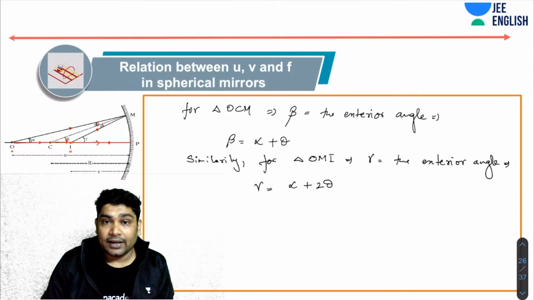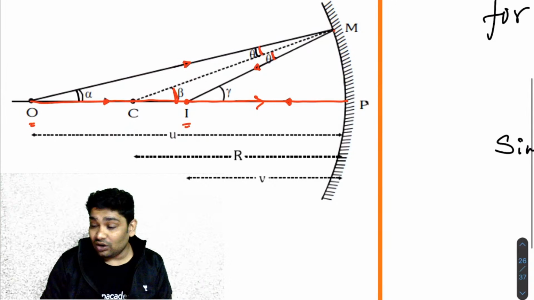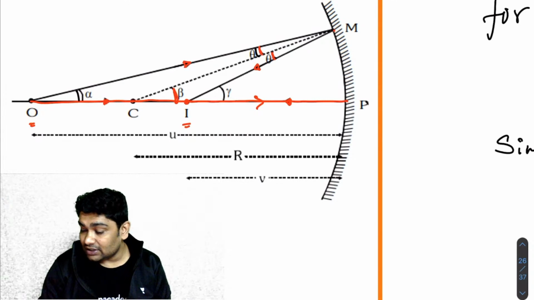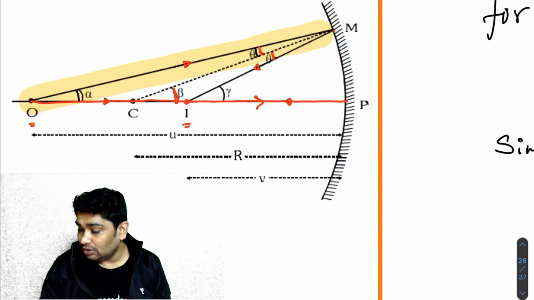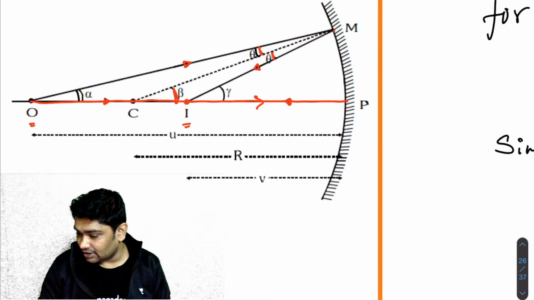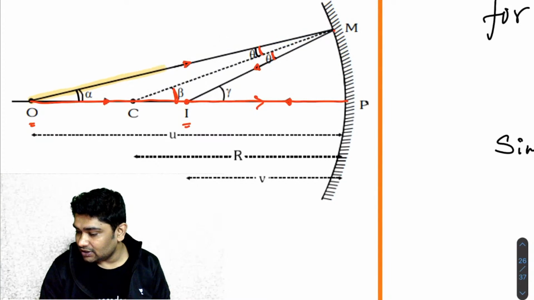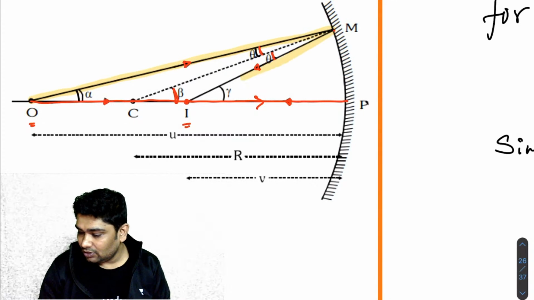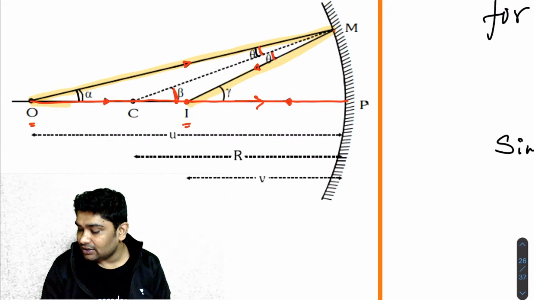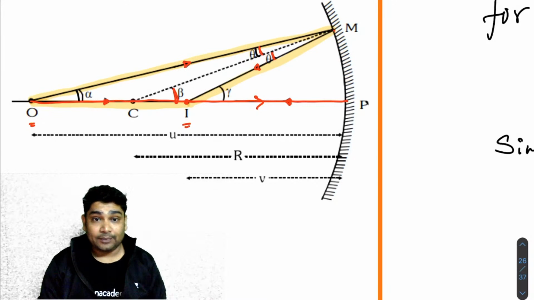Correct? Again, let's go through this. This is the triangle that I'm talking about. Now for this triangle, gamma is the exterior angle and gamma would be equal to alpha plus 2 theta. Correct?